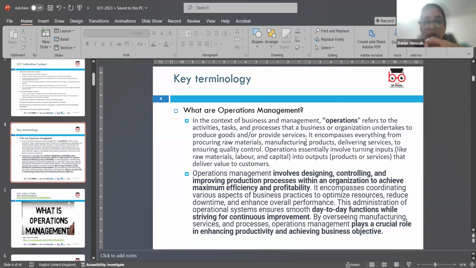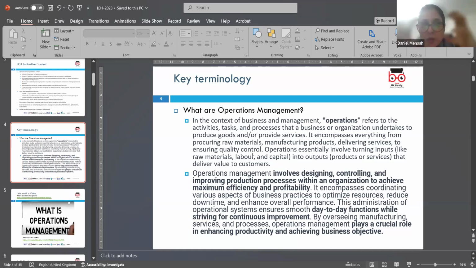These are closely related to producing goods and services and delivering them. When we are delivering goods and services, loads of activities work together. It starts from sourcing the raw material, then manufacturing takes place, then you are delivering the services, and obviously you need to consider quality assurance also when you are delivering those products to the customer.